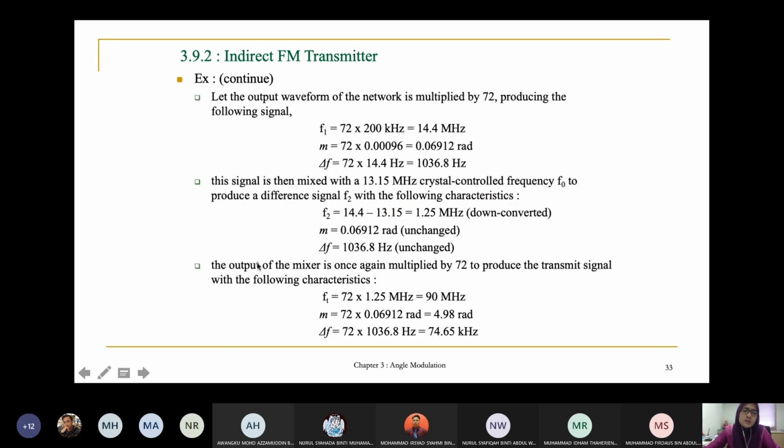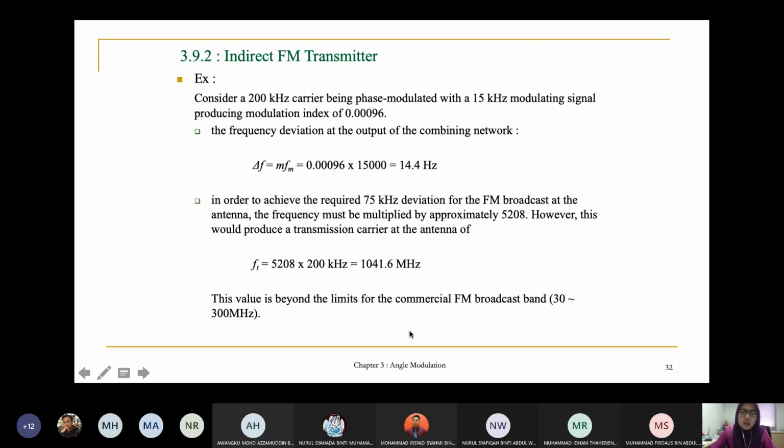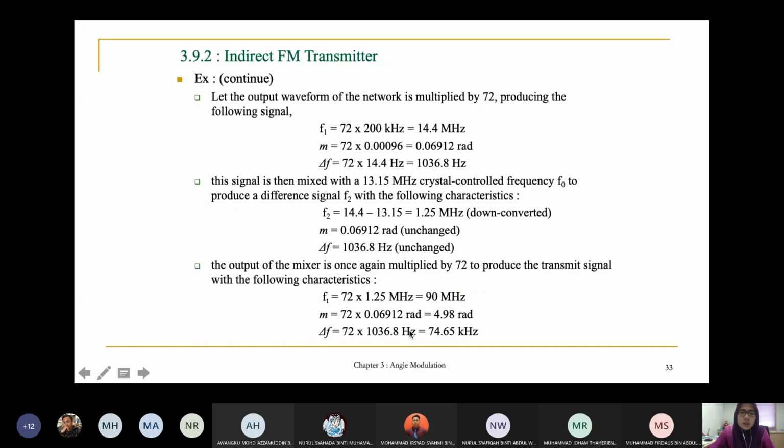Now the frequency is 90 megahertz, so it is within the range between 30 and 300 megahertz, and the delta F is 74.65 kilohertz, which is approximately 75 kilohertz. So you achieve these two requirements by using this indirect FM transmitter.